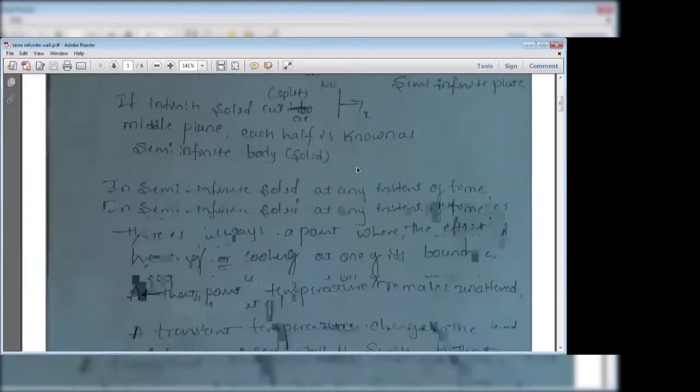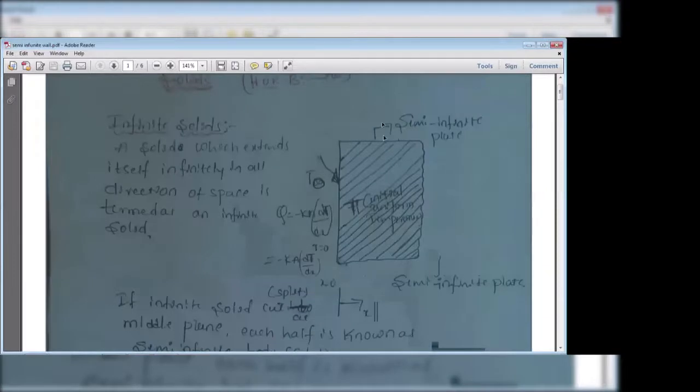In a semi-infinite solid, whether it is a cooling process or a heating process, the temperature is unaltered at any point of the semi-infinite solid, because of the infinite length.